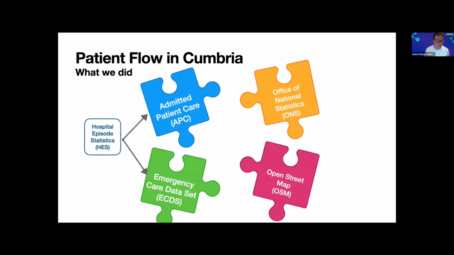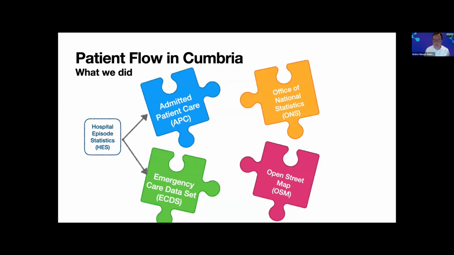In order to do this, we use hospital episode statistics, which Paul already talked about. And we use in particular the data that contains the admitted patient care, so those patients that are admitted to the hospital, as well as the data set that collects information on A&E, so emergency care data set.